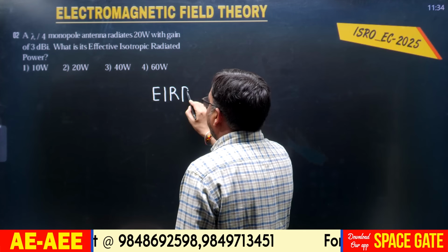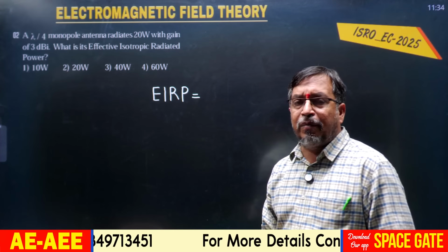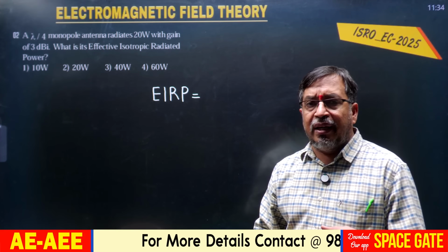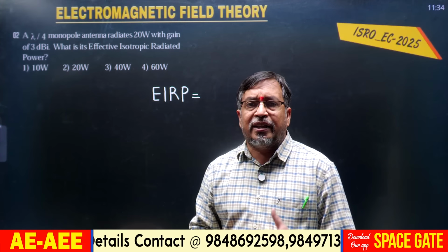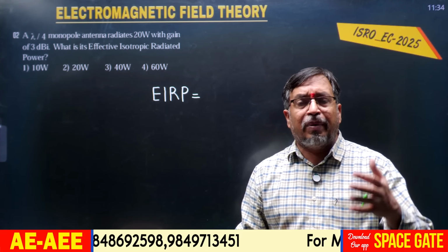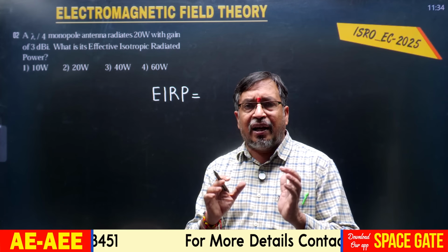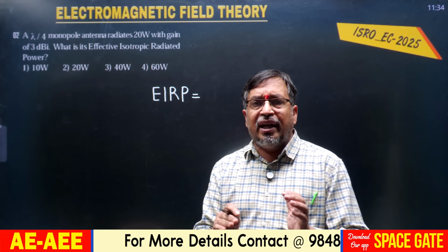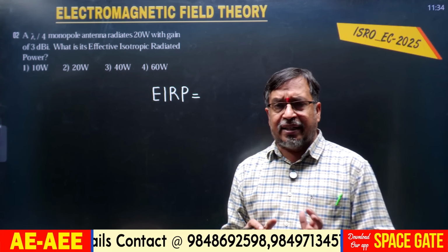What is the definition of this effective isotropic radiated power? It is the maximum radiated power of an antenna in a particular direction. We know that an isotropic antenna is an antenna which radiates power equally, uniformly in all directions.